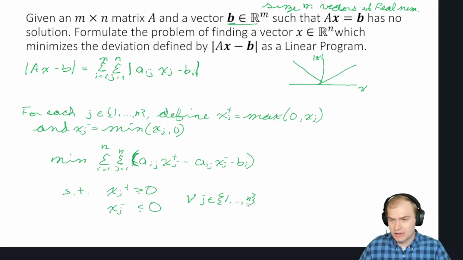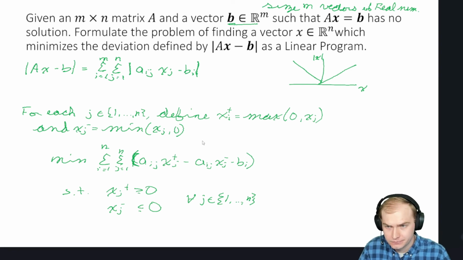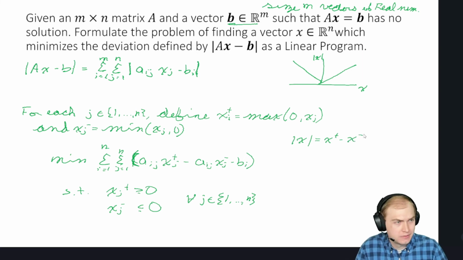So there's a few things to talk about here. Let's start with, is anyone not following my description of how this expansion of absolute value works? Let me write it on a slightly simpler problem. The absolute value of x is the same as x plus minus x minus.